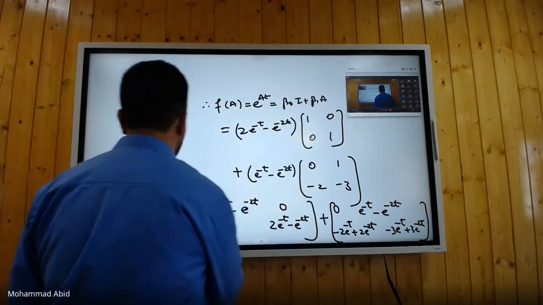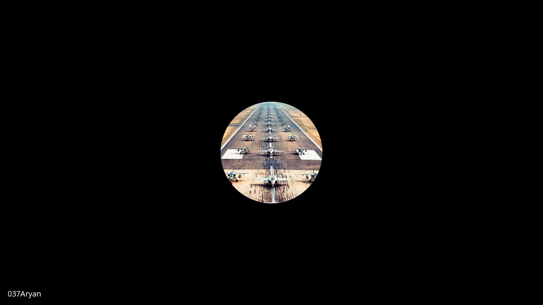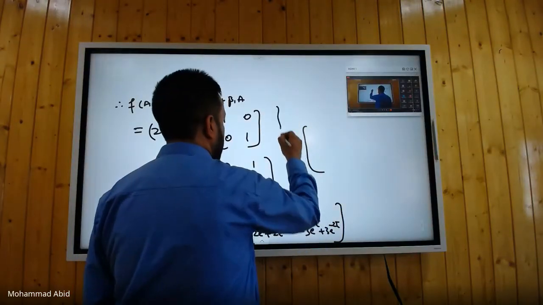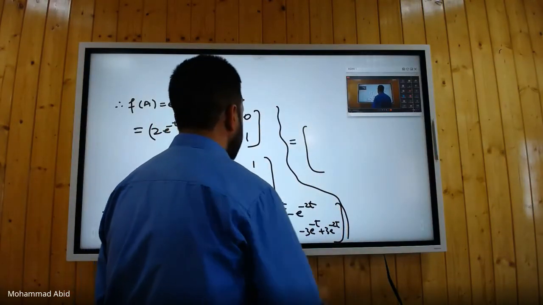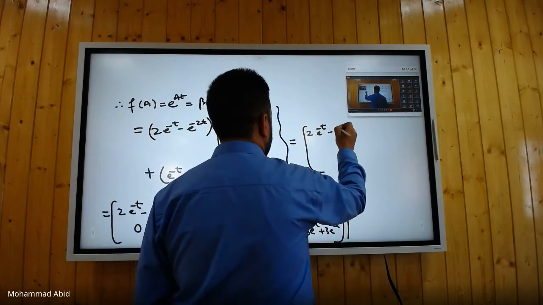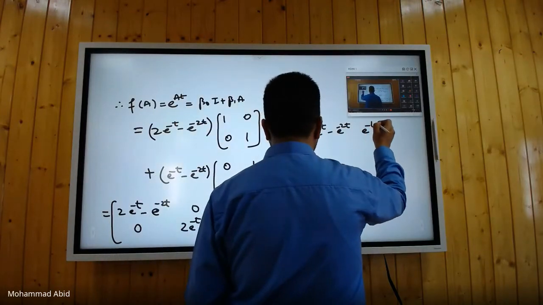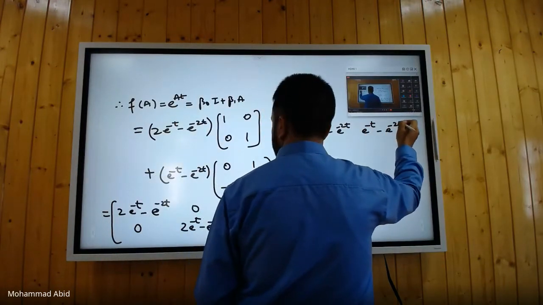Is that correct? Okay. So what will be the answer now? Here it will be 2 e to the power minus t minus e to the power minus 2t. Here this term comes, e to the power minus t minus e to the power minus 2t.